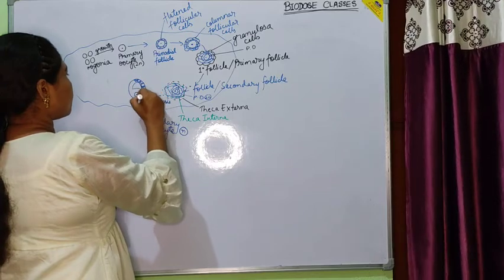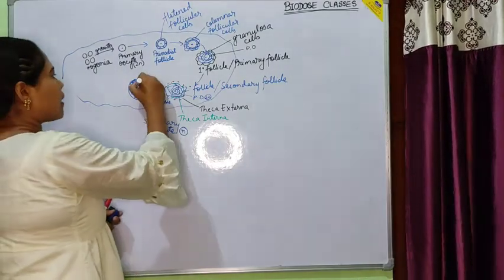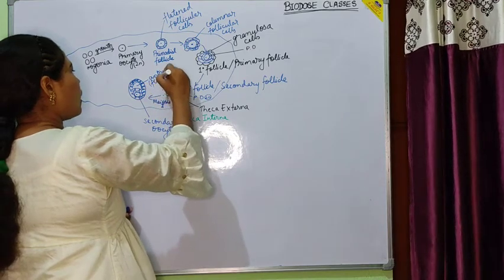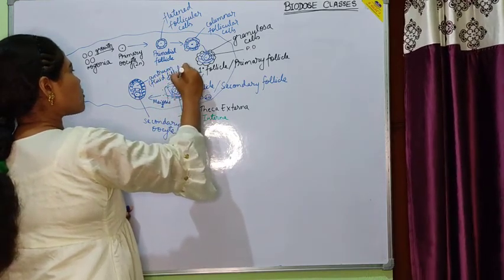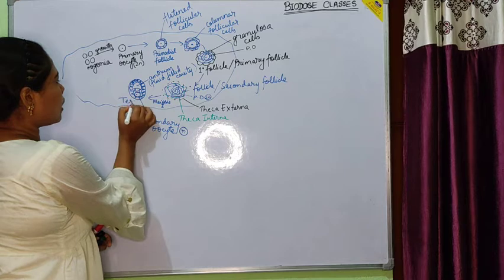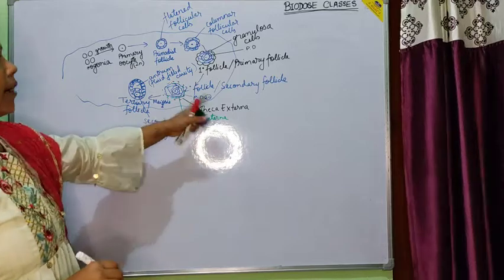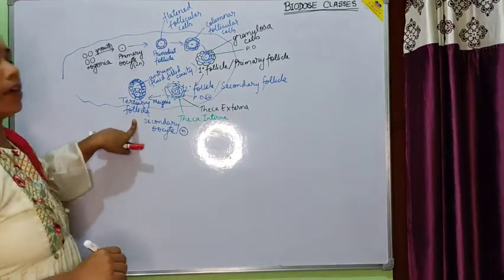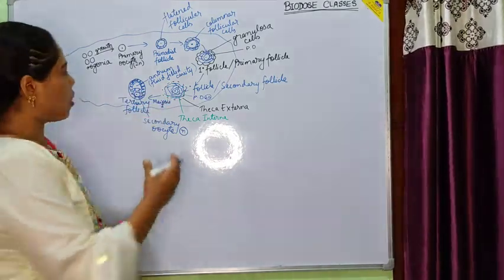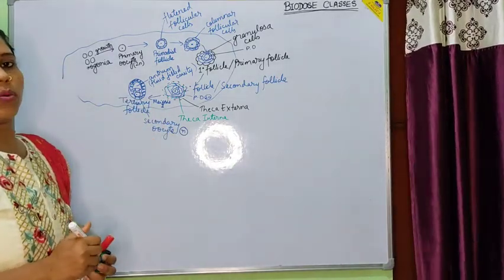That means the follicular granulosa cells are arranged such that there is a fluid-filled cavity called the antrum. So the differentiation between the tertiary follicle, or 3-degree follicle, and the secondary follicle is that this follicle represents that the primary oocyte has undergone meiosis 1 to produce a haploid structure known as the secondary oocyte.